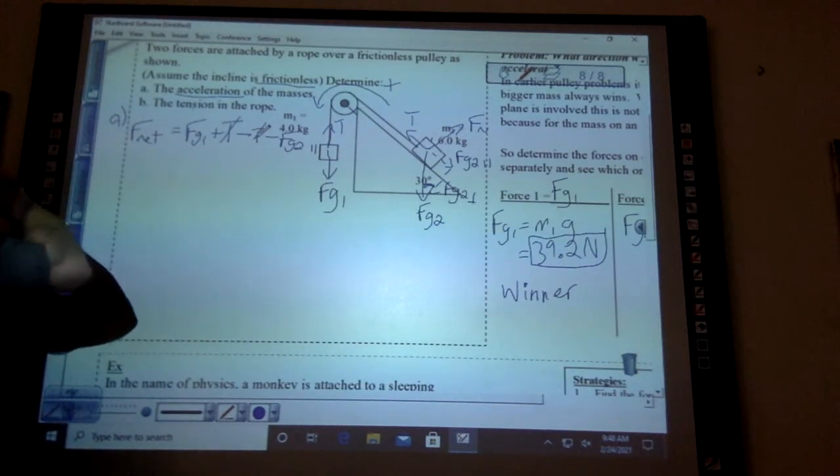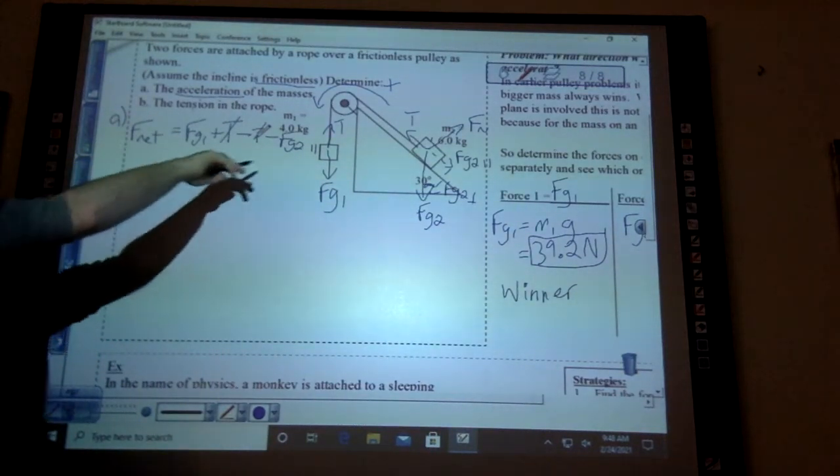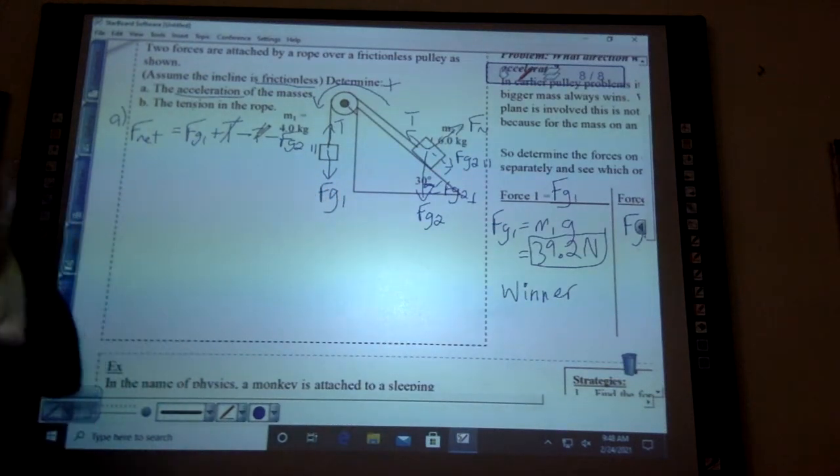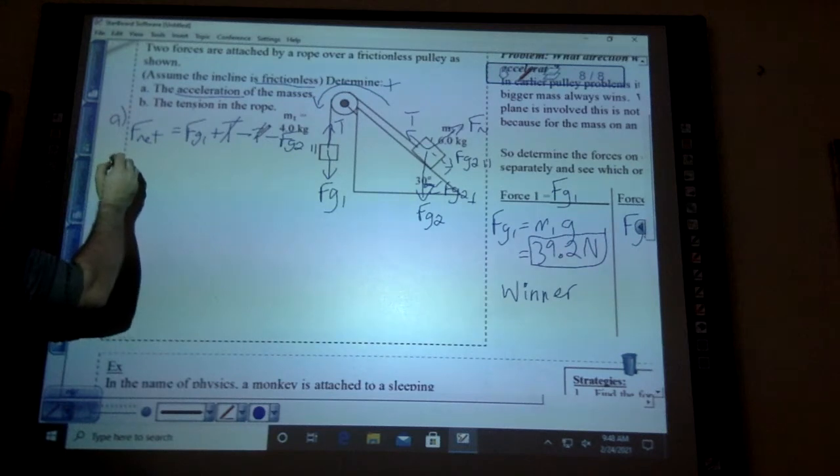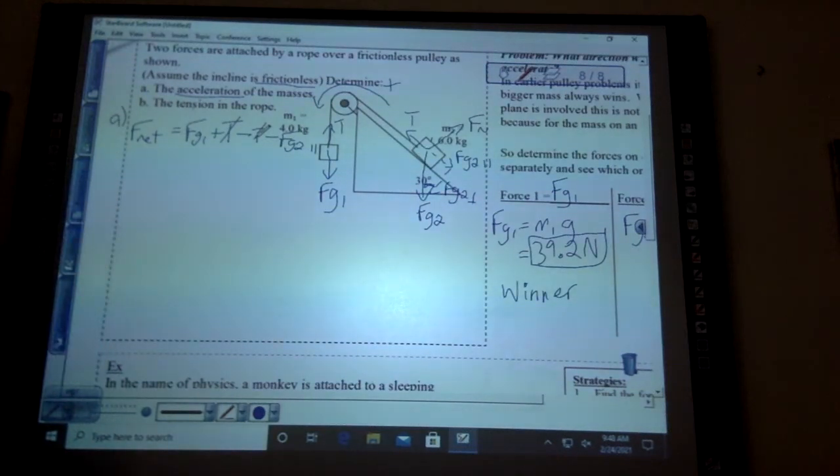We have Fg1, we solved that already. We have Fg2, we solved that already. Now we just need to look for acceleration. So F net, when I'm dealing with this, I need to deal with the total mass, because it's specific to what masses we are using. So when I made this equation, which masses did I look at? Yeah, I looked at both the 4 and the 6.